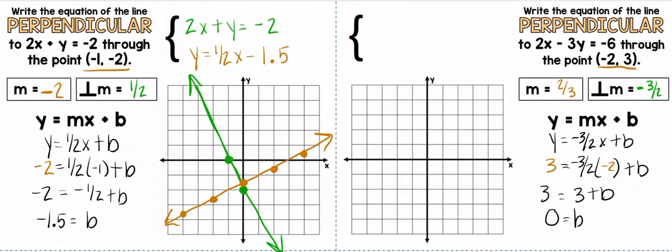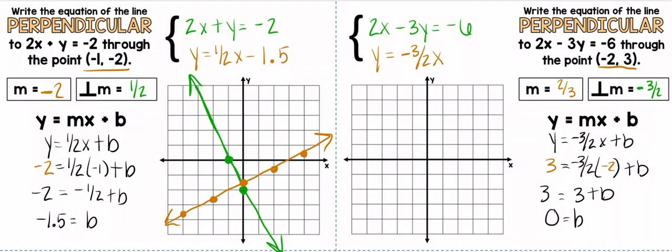So my two equations are 2x minus 3y equals -6, and then y equals -3/2 x plus 0. Or you can just leave the plus 0 off. It could just be y equals -3/2 x.